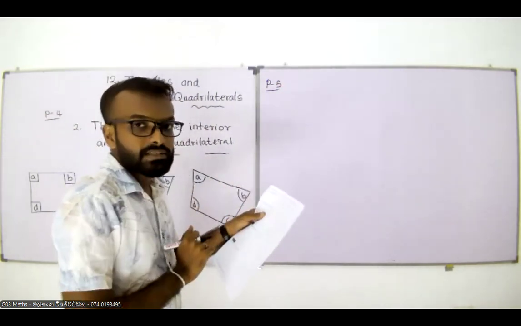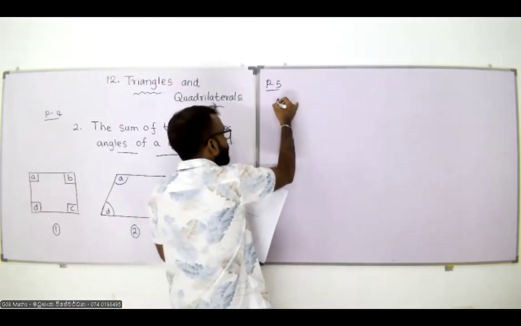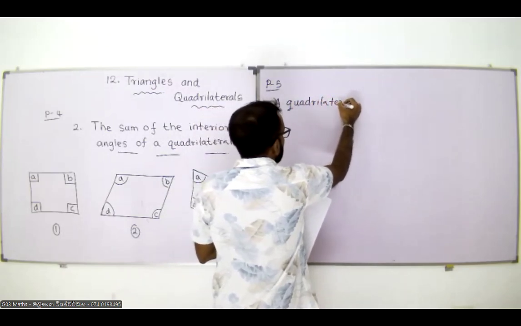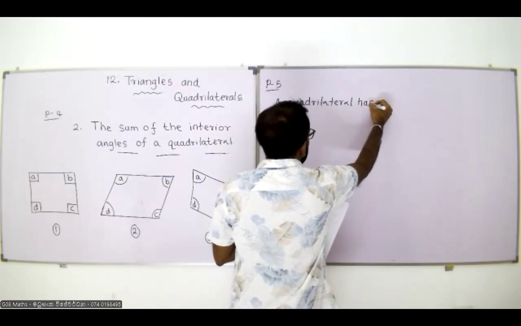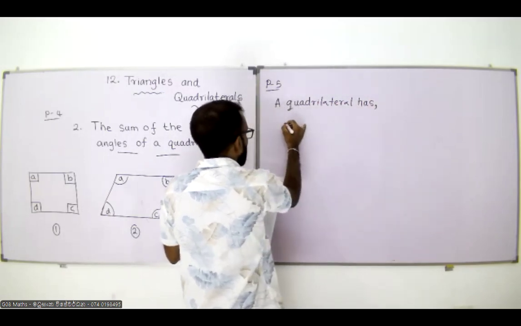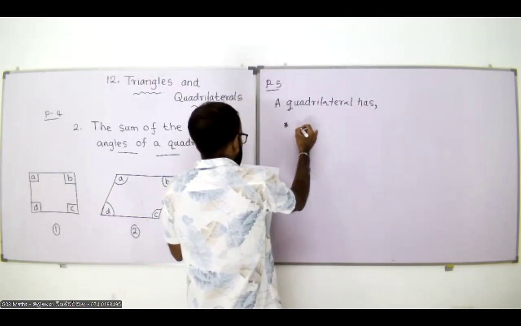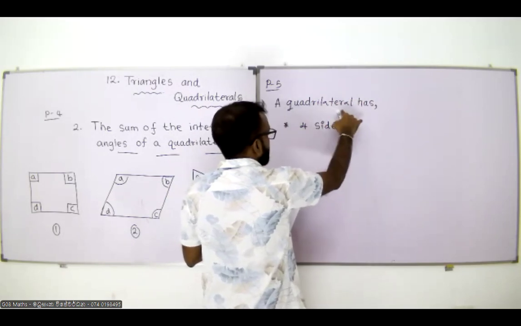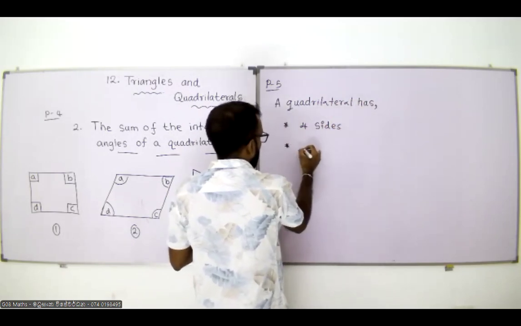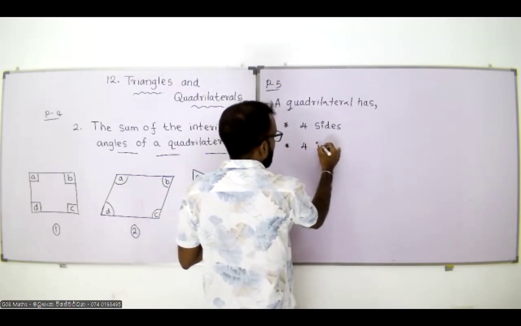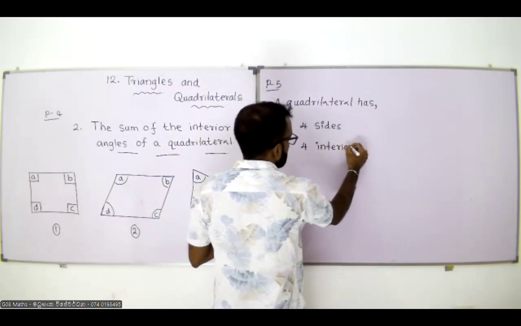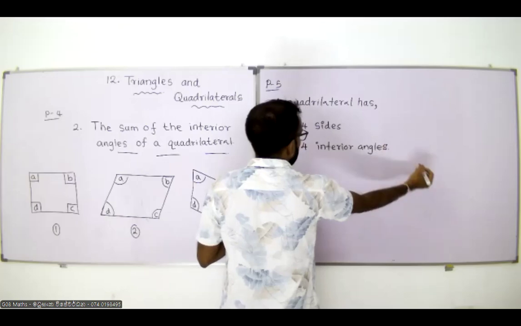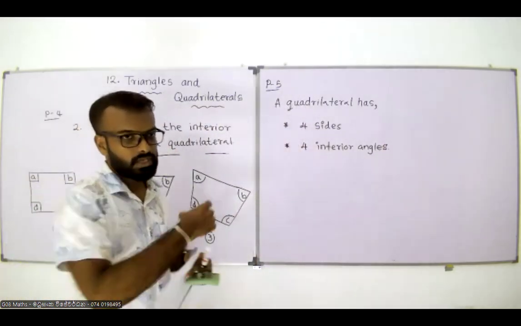First point: a quadrilateral has 4 sides and 4 interior angles. Please write it.